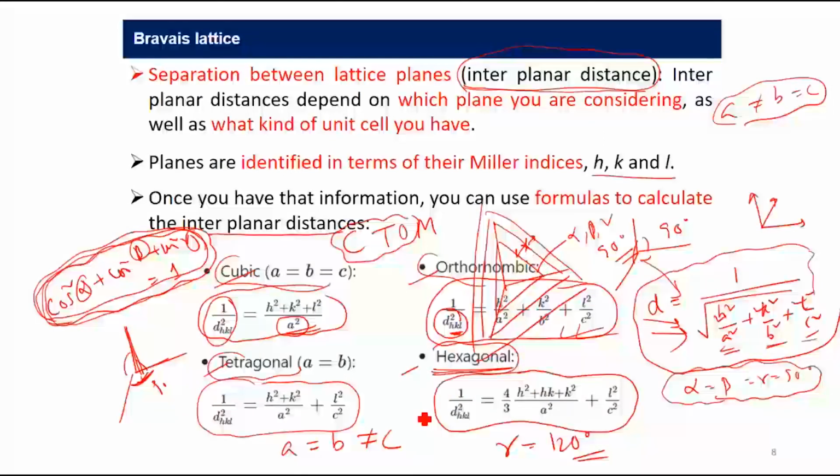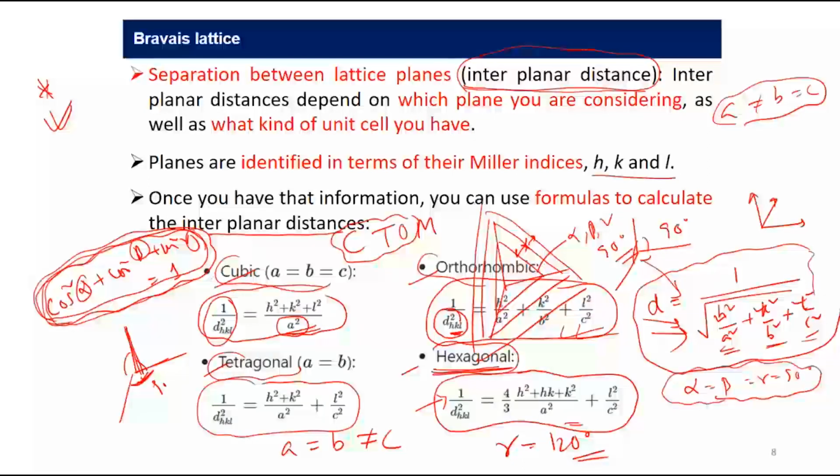For interplanar spacing of hexagonal, which is frequently asked in competitive exams, the formula is 1 by d square equals 4 by 3 times h square plus hk plus k square by a square, plus l square by c square. Are you able to follow this? This slide is very, very important. Interplanar distance is frequently asked even in your job entrance tests.